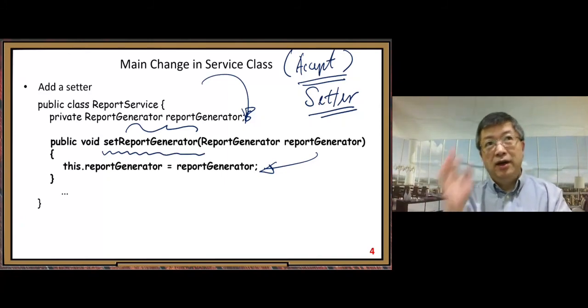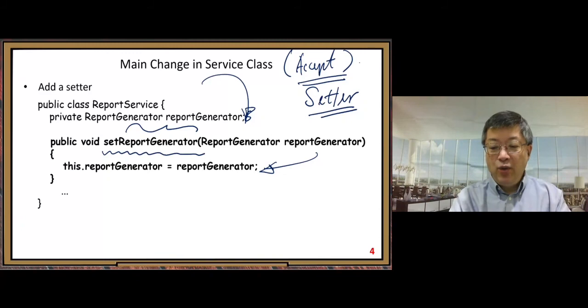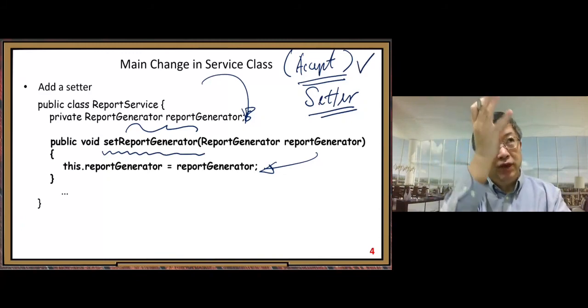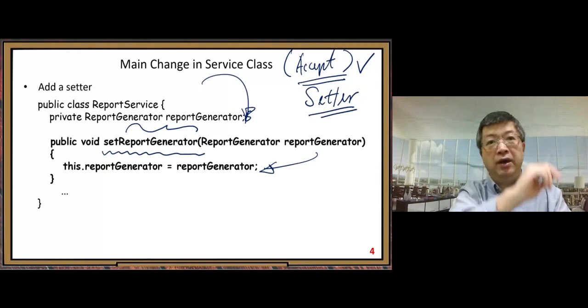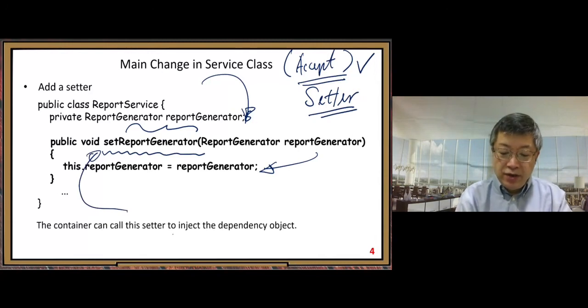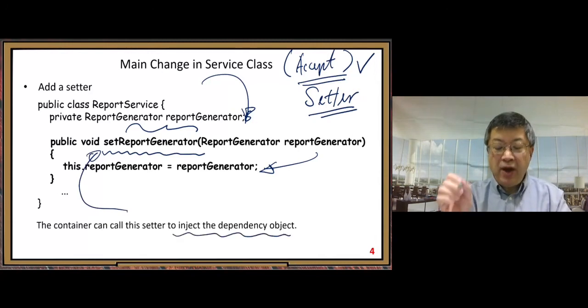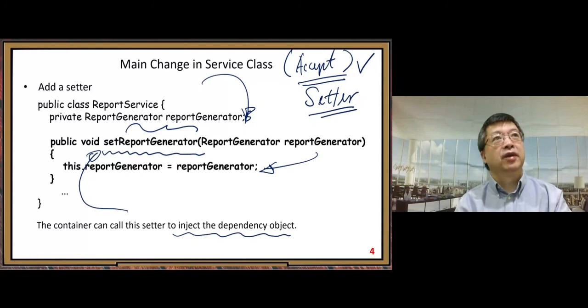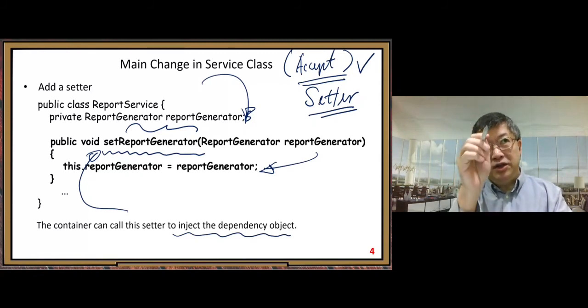Now you are ready to accept the delivery from your container. So the container can call this setter to inject the dependency object. Now, in the next slide, we will see how the container injects this dependency.